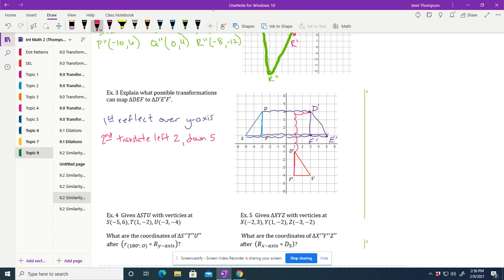And if you check F and E, you go left 2, down 5, left 2, down 5, I'll end up all on those points. So again, that's not the only way to do it. There's other ways to do it, but this is, I think, the easiest and most obvious way to see.